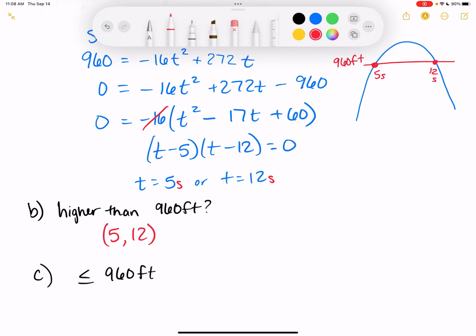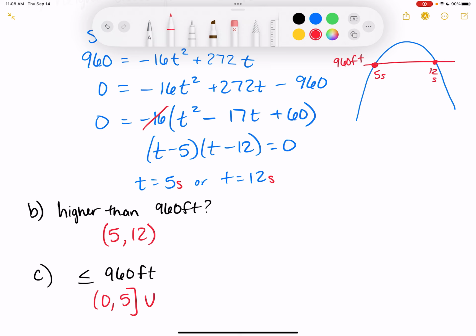Okay, so under 5, but time can't go negative, so it's got to be 0 to 5. Can we include 0? No, because you can't have 0 time for something to have been launched.